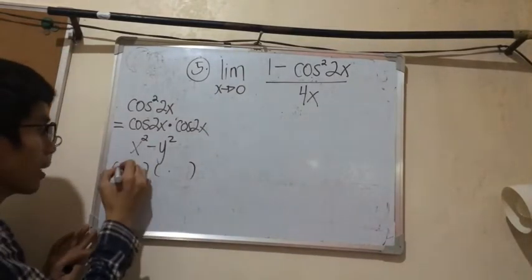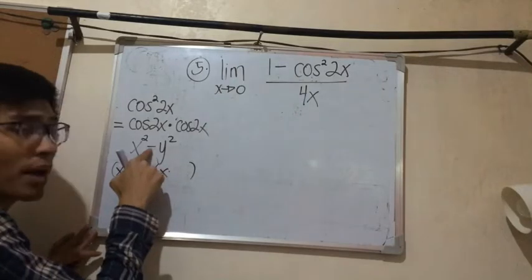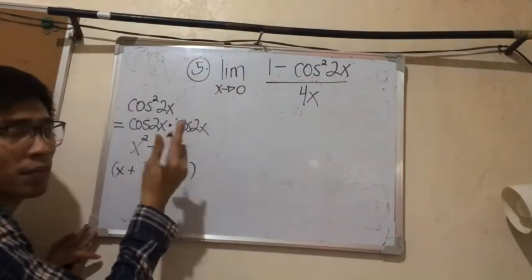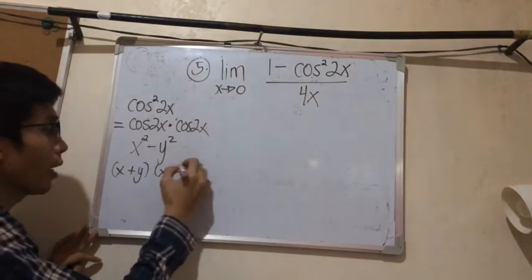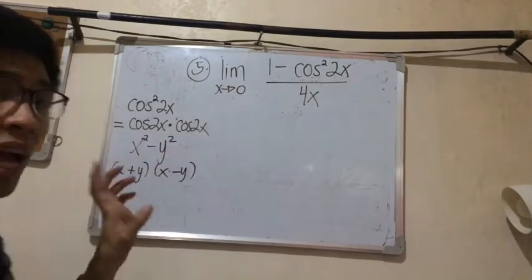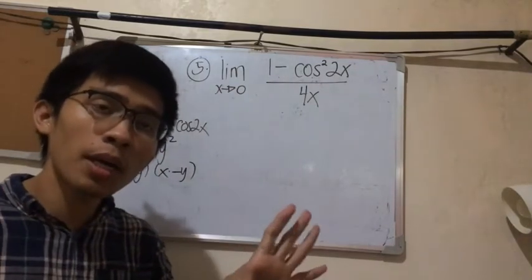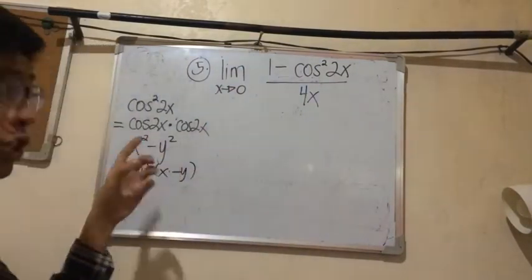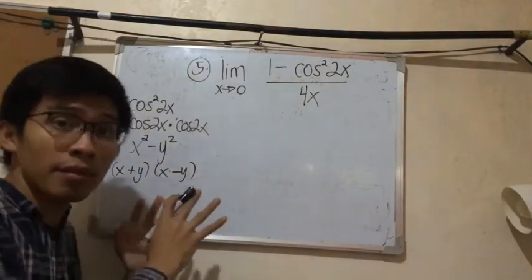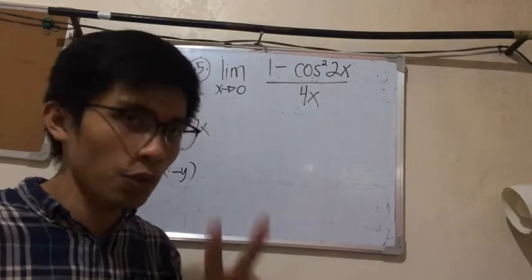The root of x squared is x, since we have minus here, plus and minus. And the root of y squared is y and y. So we can factor that one if and only if we have 2 terms and each term is a perfect square and we have a subtraction in between. Therefore, we can factor this one as the difference of 2 squares.